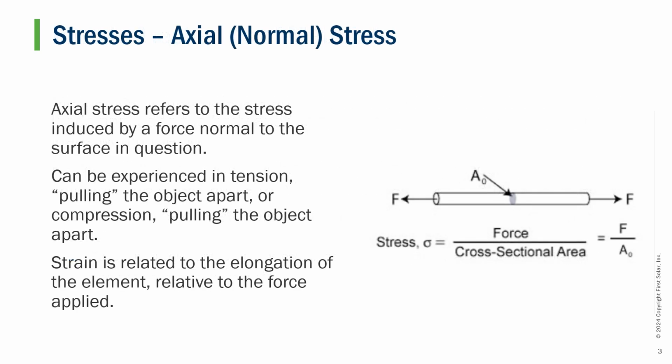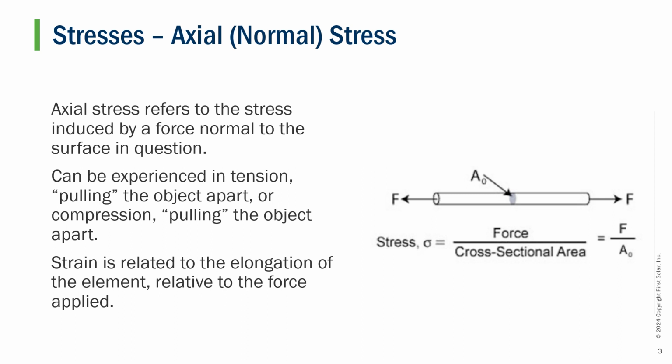So going into some of the principal stresses that you may run into, beginning with the axial or normal stress. This stress refers to a stress induced by a normal force, a force normal to the surface in question.